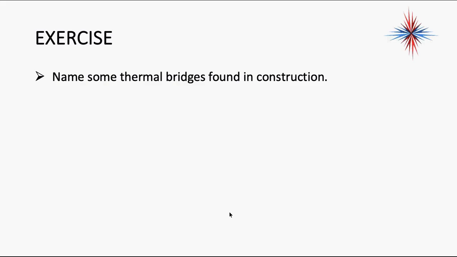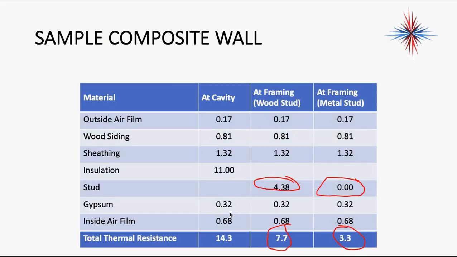Steel beams in remodels are the biggest one of them. But what about our metal studs from this past slide? Is that a thermal bridge? Yes, anything metal in the structure is a thermal bridge. Is my wood stud a little bit of a thermal bridge? It can be.